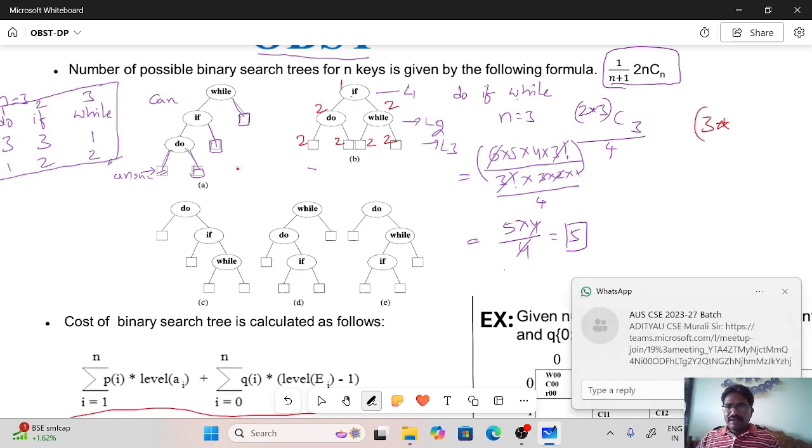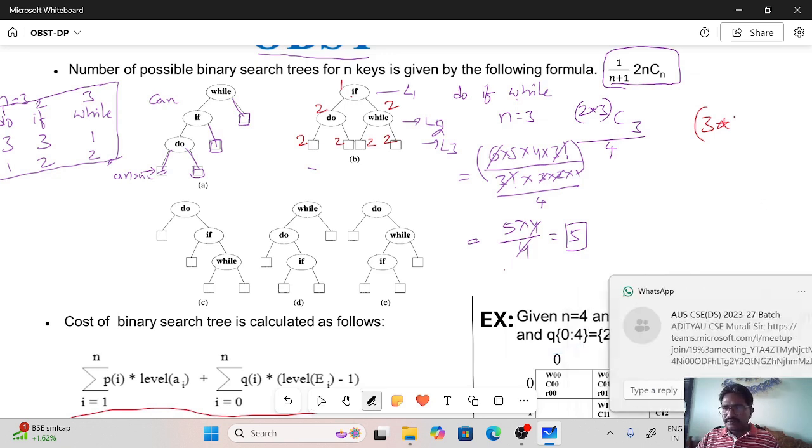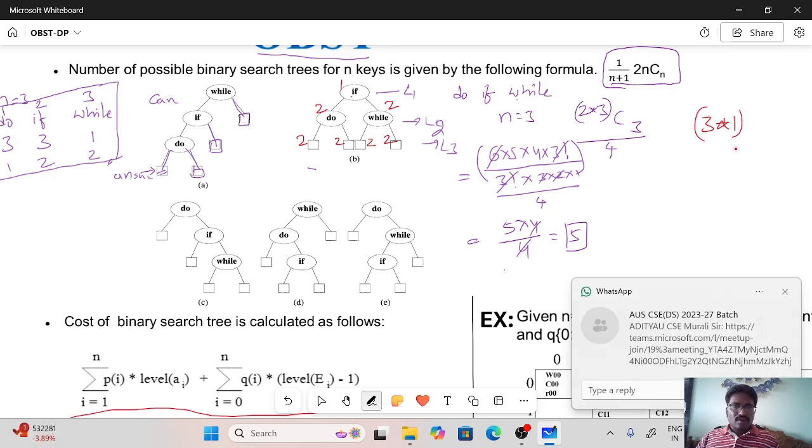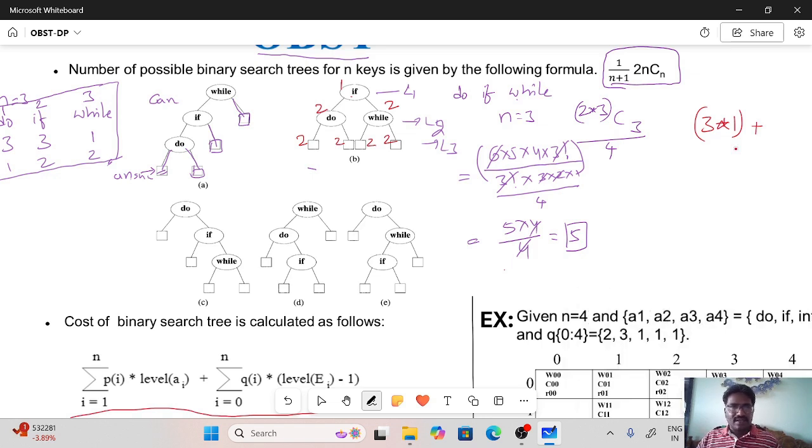It is available at the first level. So that is nothing but 1 plus, at which level is do available? Second level. And what is the do frequency? 3. So 3 into 2.